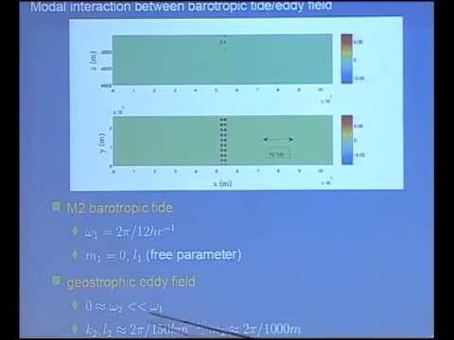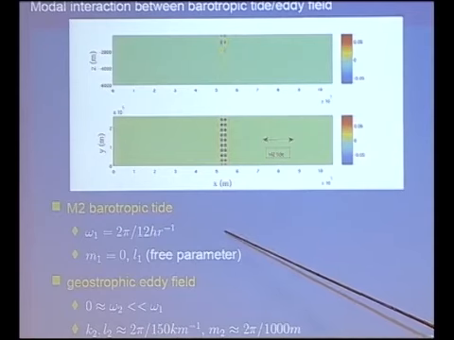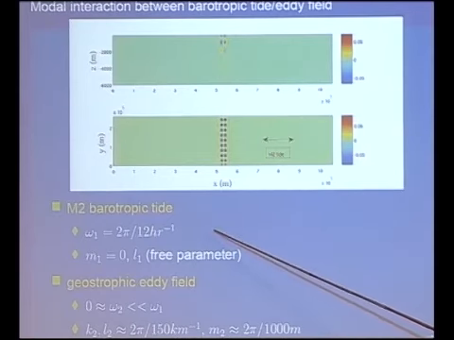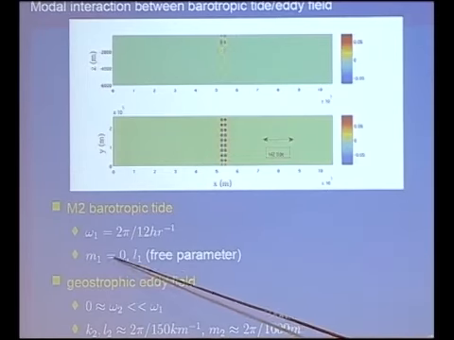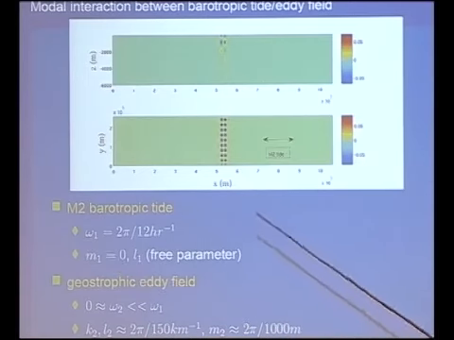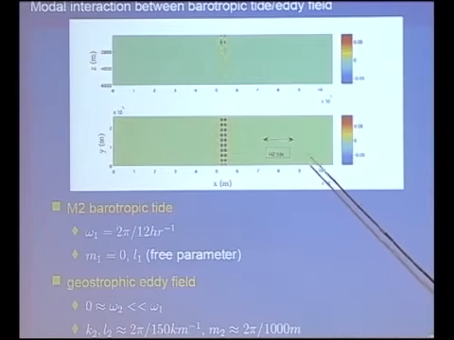Typically, the eddy field has a low frequency compared to the frequency of the barotropic tide, and it's got some characteristic horizontal and vertical scales, which I've indicated here. Typical horizontal scales are on the order of 150 kilometers, and typical vertical scales are on the order of 1,000 meters. For the barotropic tide, on the other hand, the frequency is fixed.